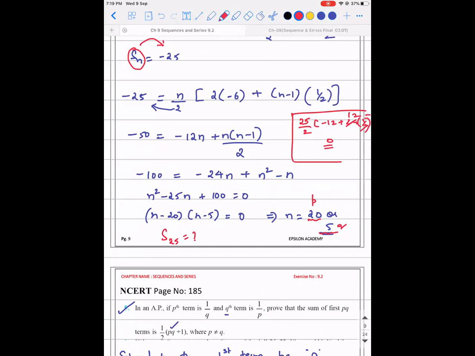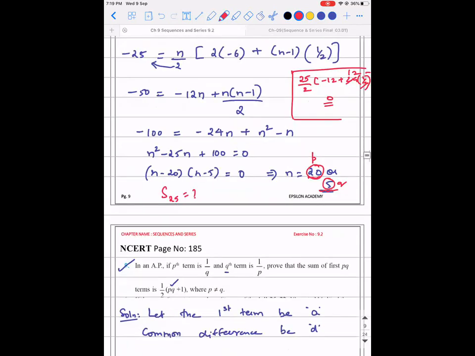Yes. So if this kind of a scenario exists, that is, there are two different values of n for which the sum is the same, then if you take the sum of those two different values of n, the sum will be 0. For example, in this problem, sum of 20 numbers is the same as sum of 5 numbers, then sum of 25 numbers will be 0.